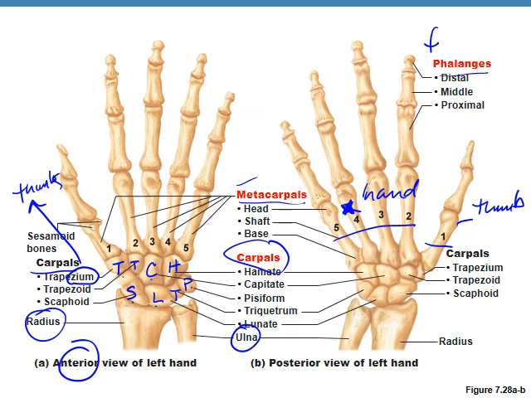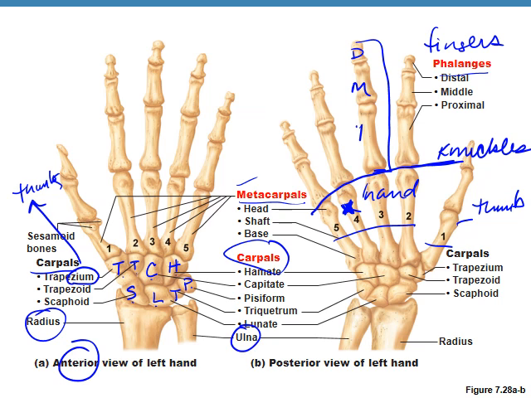For your phalanges, these are the same as fingers, right? So these are your fingers. This would be your line of your knuckles. So your phalanges consist of a distal, a medial, and a proximal phalanx. So phalanx is 1, and phalanges is many. So I have a distal phalanx, a middle phalanx, a proximal phalanx.